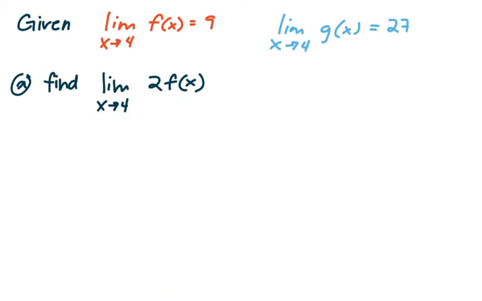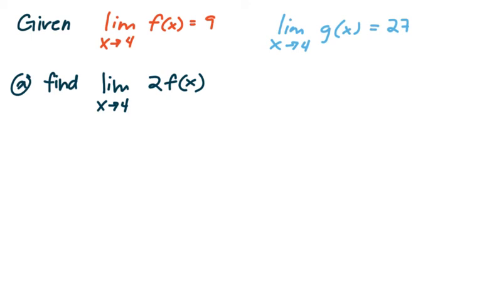Now, one thing to note is that both of these given limits are approaching 4, and the problem we're solving is approaching 4. You are really not going to see them with different values of x that you're approaching, but it is important to note that that must be the same in order for us to apply these rules.